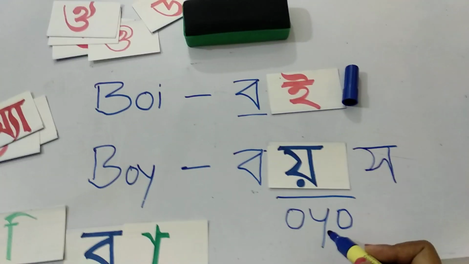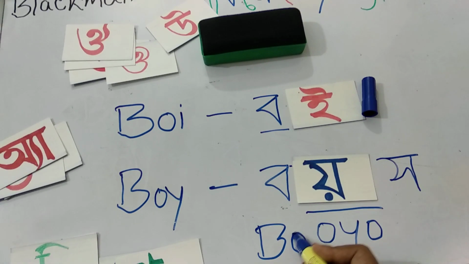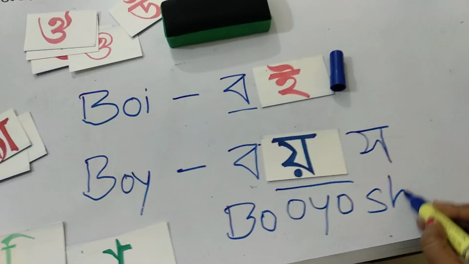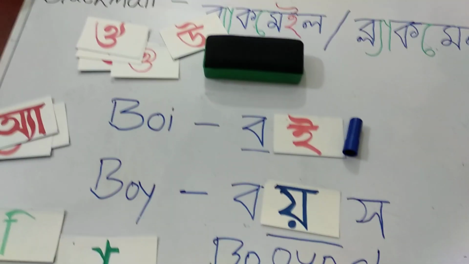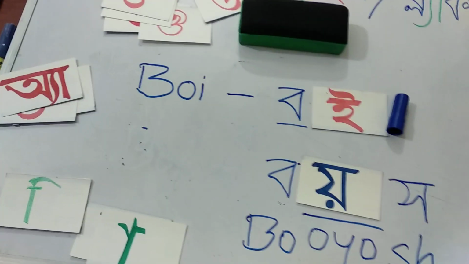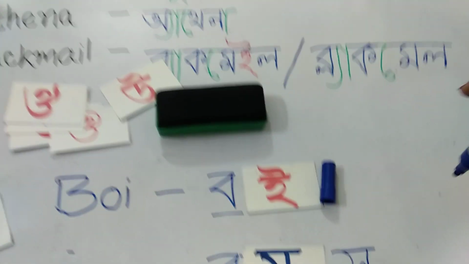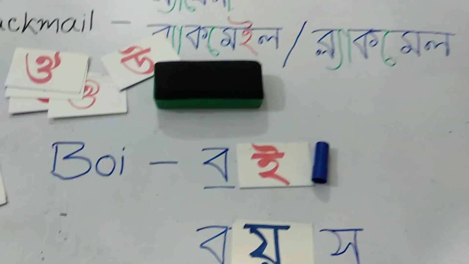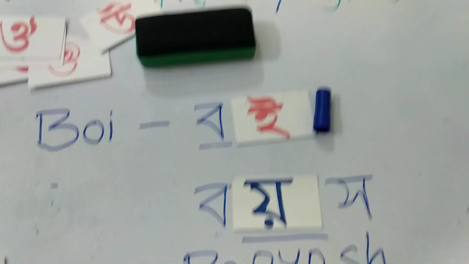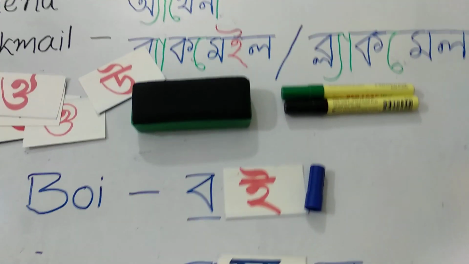Okay, so this is oyo. That means boyosh. Okay, boyosh. So, yeah, this is boyosh. Just forget it, but if you want to remember, this was boy, and this is boyosh.